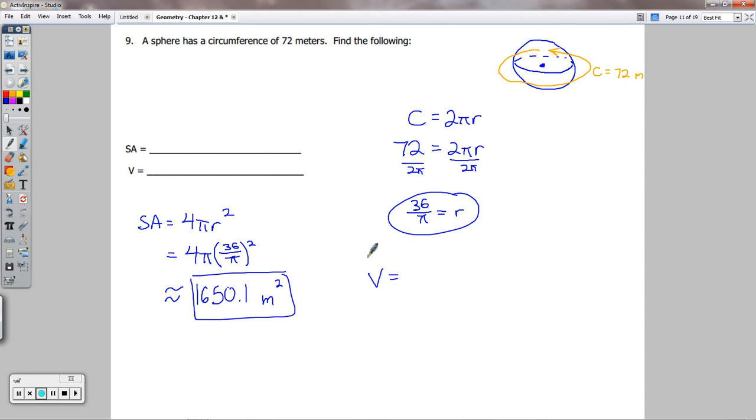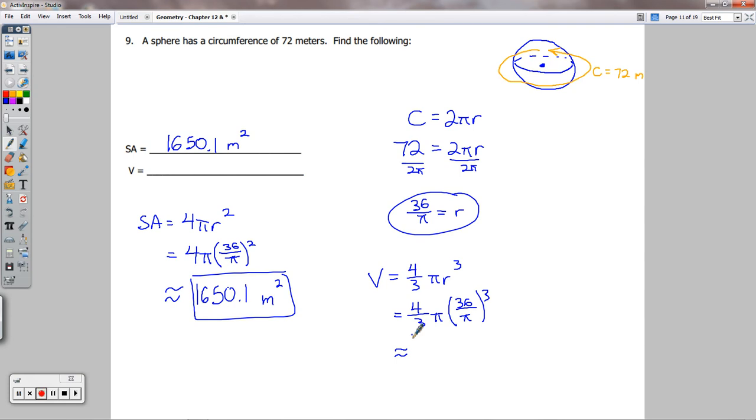The volume is 4/3 pi r cubed. So let's write this before I forget to do that. That would be right there. But 4/3 pi r cubed, 4/3 times pi, and then times 36 over pi, but that cubed. Approximately, if you type that into the calculator, 4 divided by 3 times pi, and then times, in parentheses, 36 over pi to the third power.